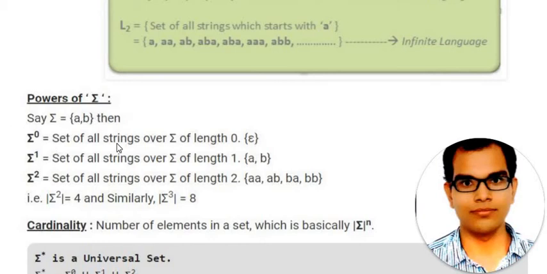If we are talking about strings of length 0, only one string is possible, that is epsilon, the empty string.